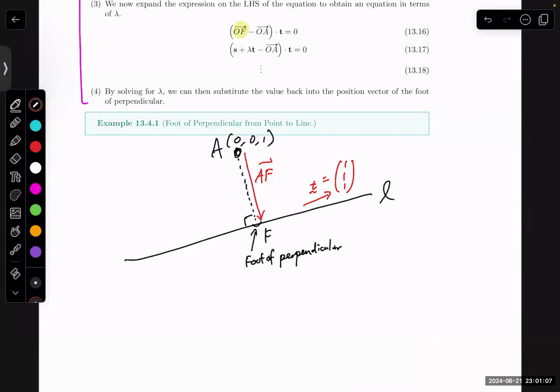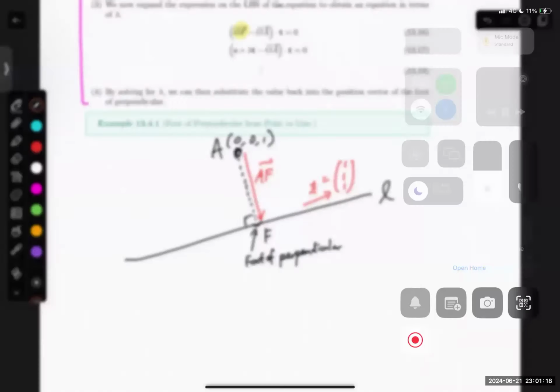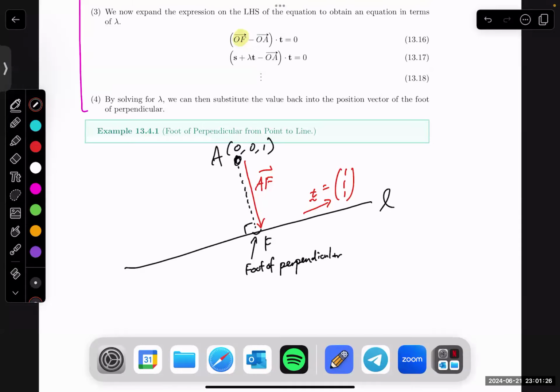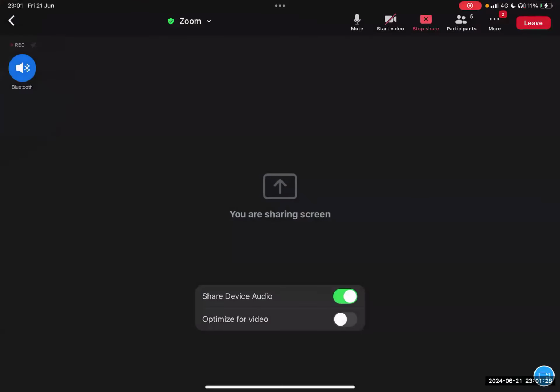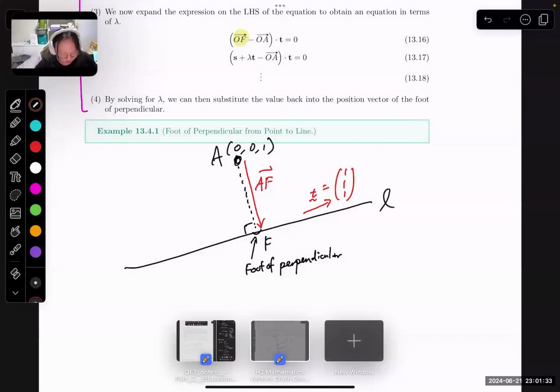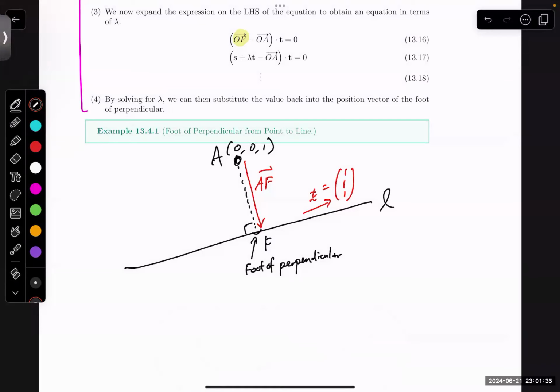Oh no, it's low battery. Am I muted? Okay, I'm not muted. My headphone is low battery, so let's just continue. Hopefully my iPad charges fast enough.